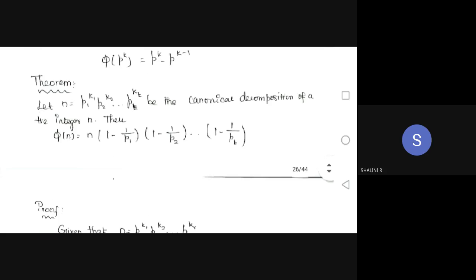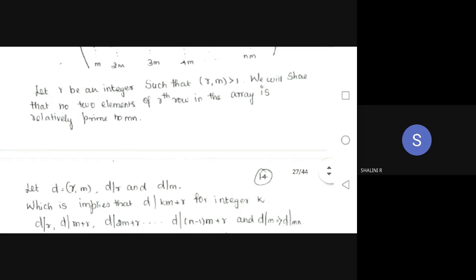For a composite number n written in canonical decomposition, phi of n will be n into 1 minus 1 by p1 into 1 minus 1 by p2 and so on up to 1 minus 1 by pt. Euler's phi function is also a multiplicative function.